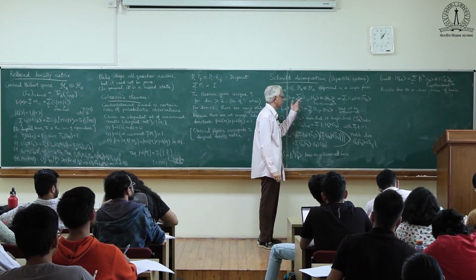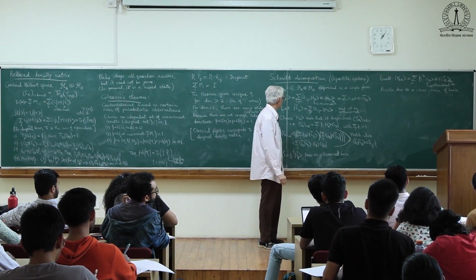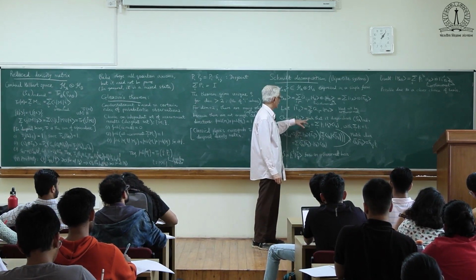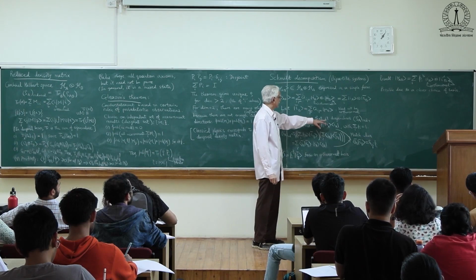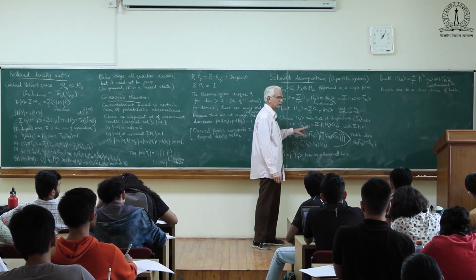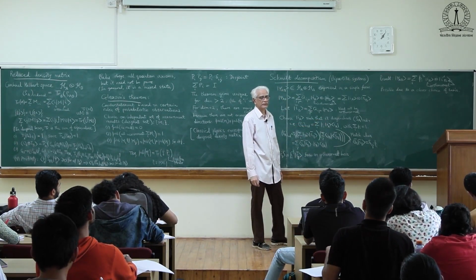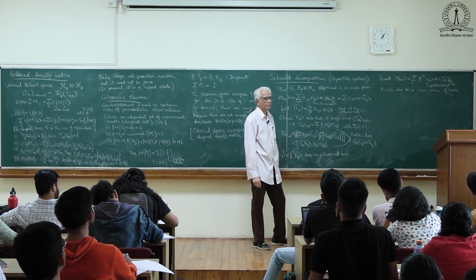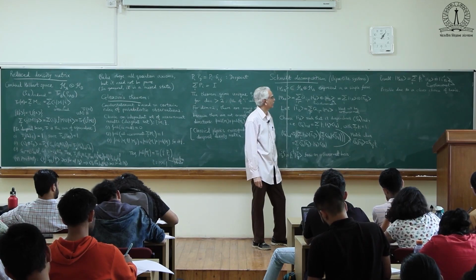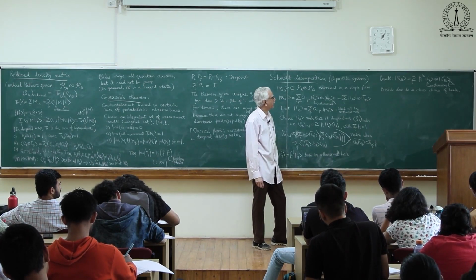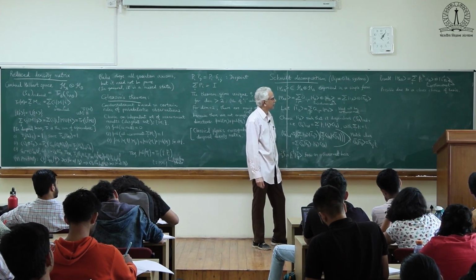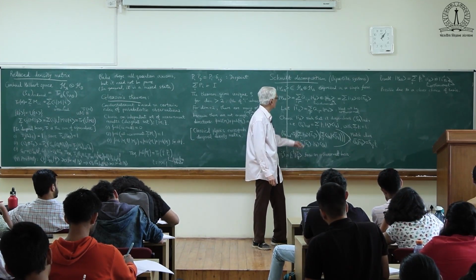It's possible due to a clever choice of basis. And what was the choice of basis? That it diagonalized the reduced density matrix. You can look at it in different ways.